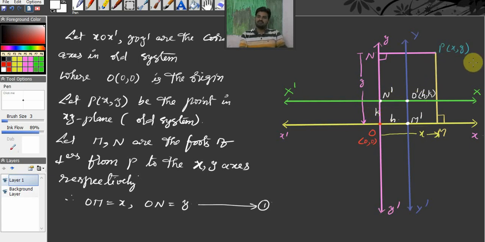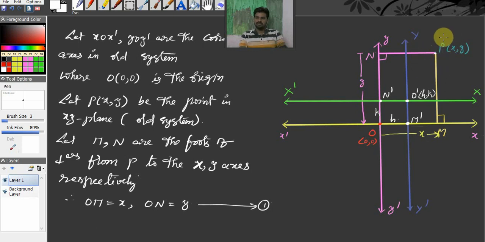Now coming to the point P, small x comma small y is the point with reference to the old system. Already we have explained P(x, y) in the old system. Now we can't change the position of the point P, but we have to write the point P in the new system.